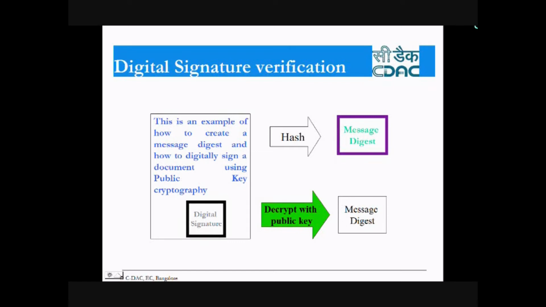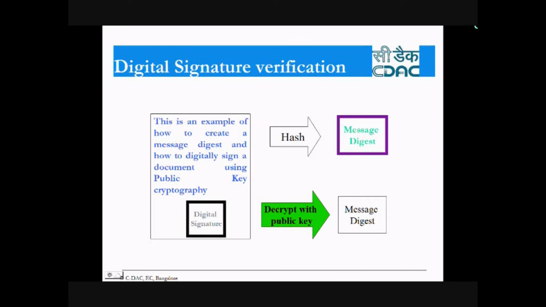Now I take the digital signature separately, and I decrypt it with the public key of the sender, because he is the person who has digitally signed it. So in the case of Viru, this has to be decrypted with Viru's public key. That will give me the message digest.